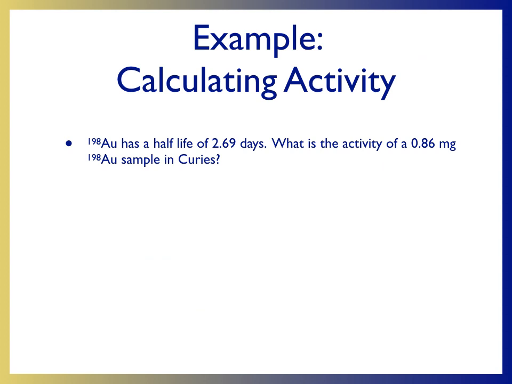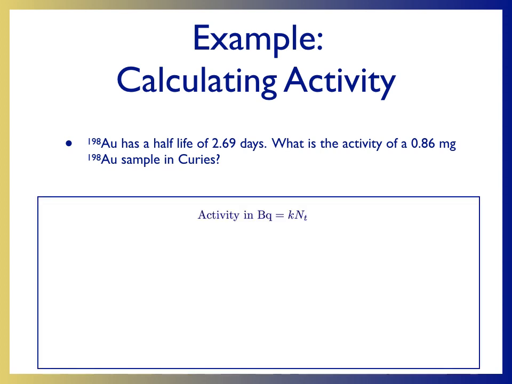Let's do a calculation that involves calculating the activity of a sample. We're looking at a sample of gold-198, which has a half-life of 2.69 days. We're going to calculate the activity of a 0.86 milligram sample in curies.